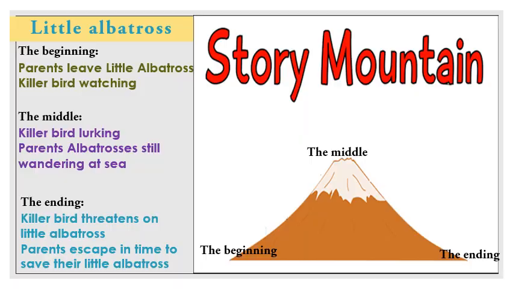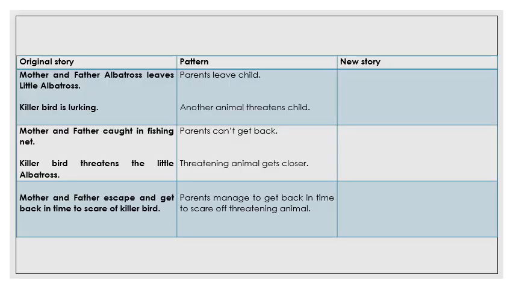Let's look at a simple table that will give us a certain pattern for the story. We can use this pattern: parents leave child, another animal threatens the child, the parents can't get back, so the threatening animal gets closer.